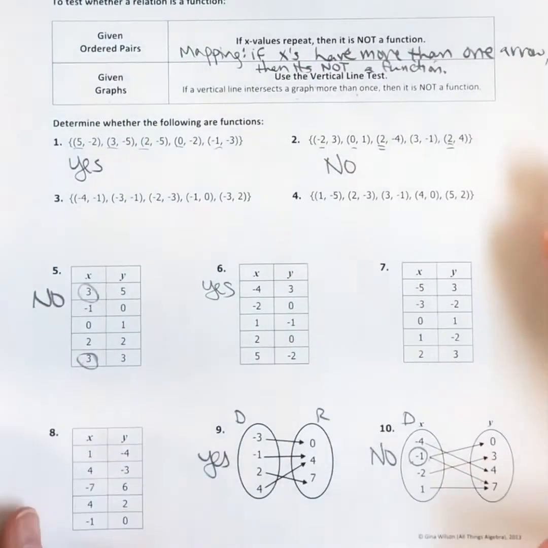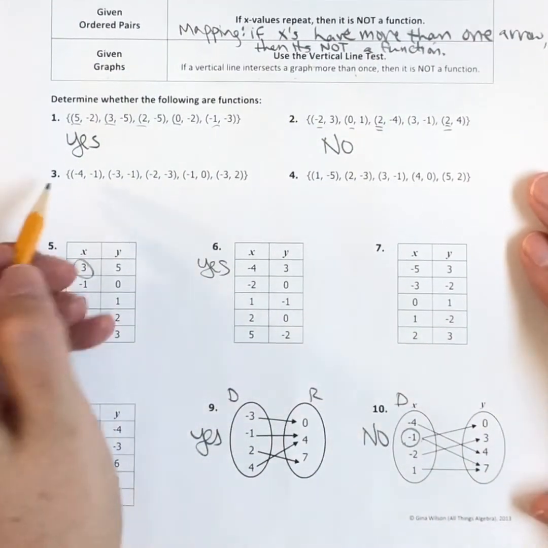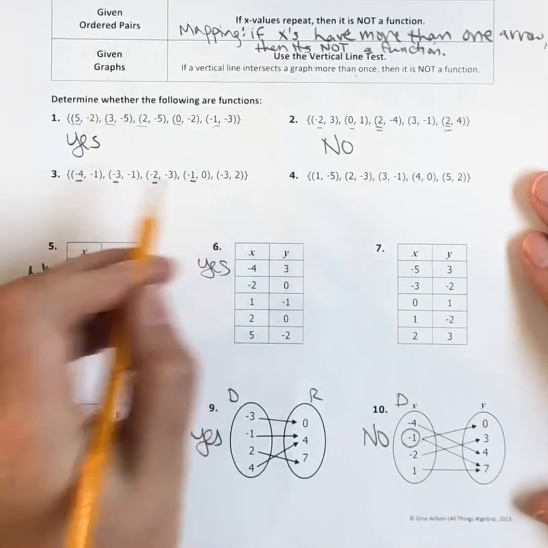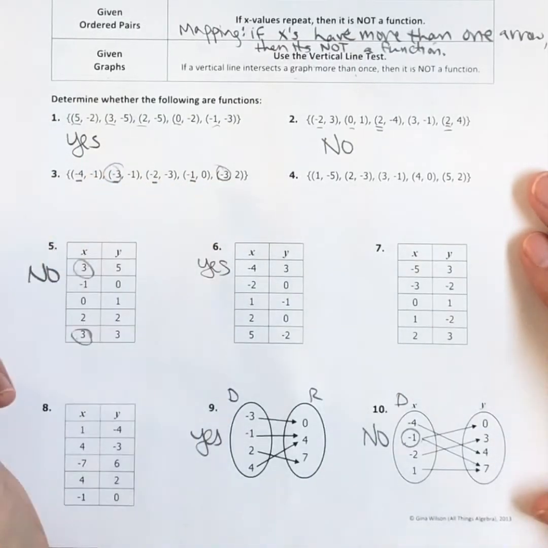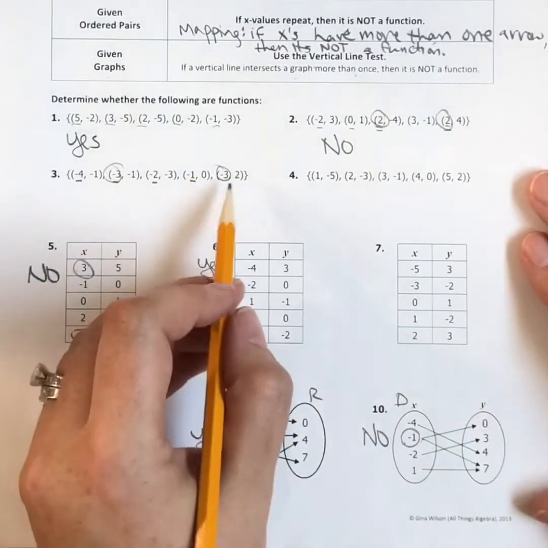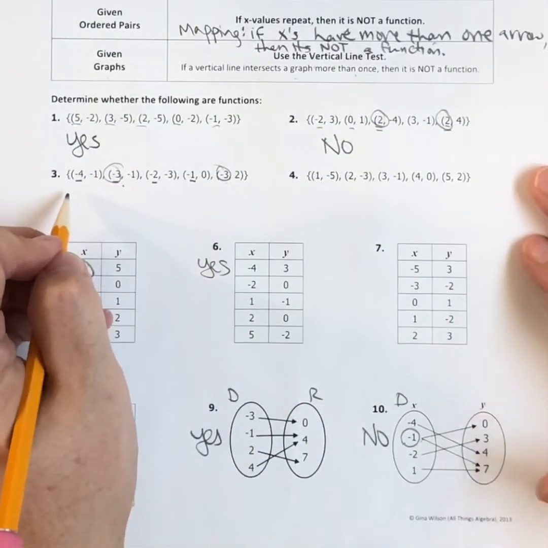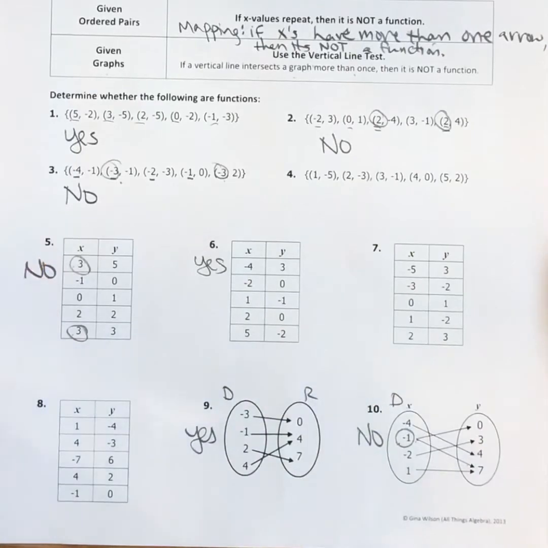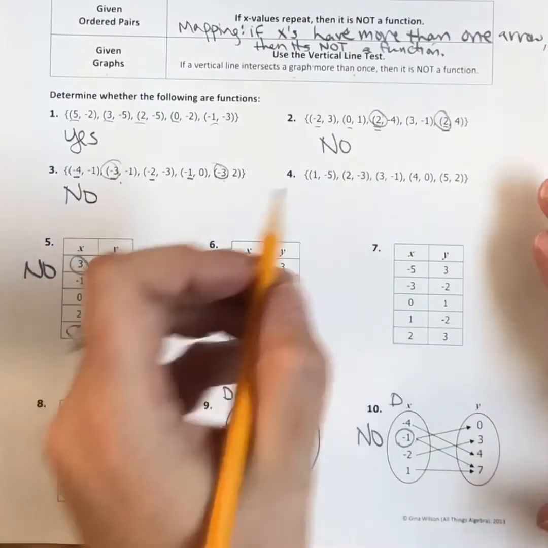Okay, in fact, let's just go through these other ones real quick. So number 3, if you notice, if I look at all the x's, they're all different until I get here. So in fact, maybe it's easier if I circle them like I've been doing. So those are the same, which means the x's repeat and it fails. It's not a function. It would also fail the vertical line test if we graph these.